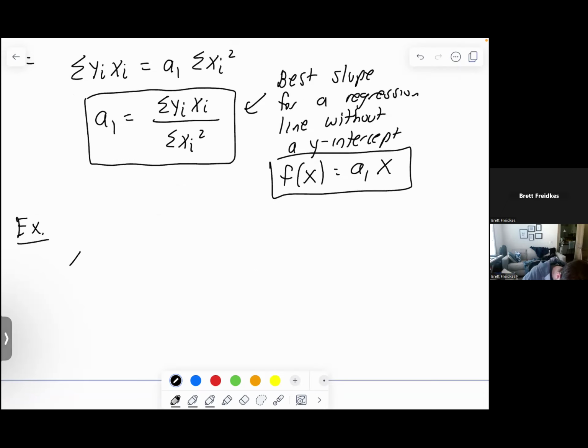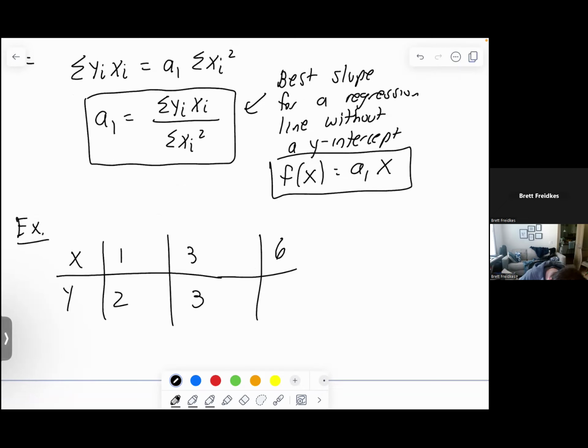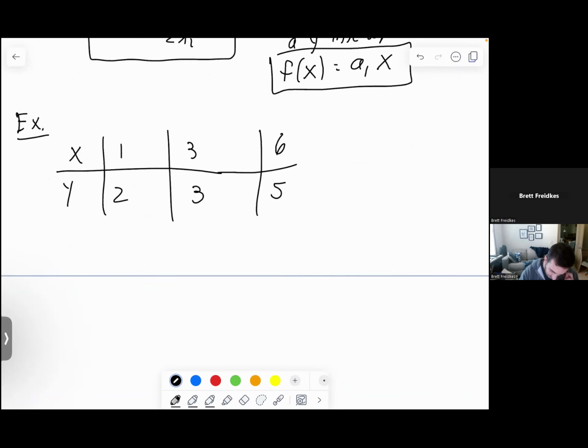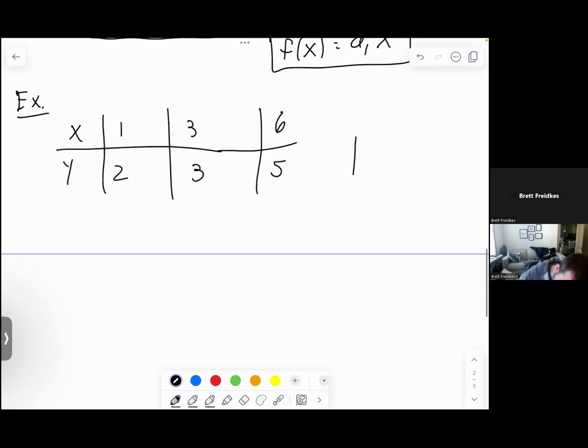See how the numbers end up being. I do 1, 3, 6. We'll do 2, 3, 5. I'm just making up some points here. So if we were to go ahead and try to graph something like this, see if I can do this nicely. 1, 2, 3, 4, 5, 6. 1, 2, 3, 4, 5.